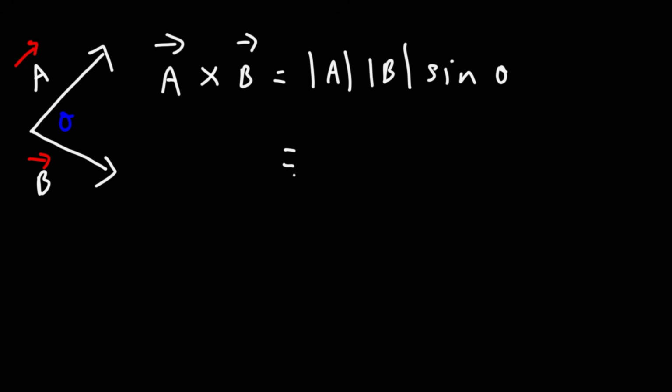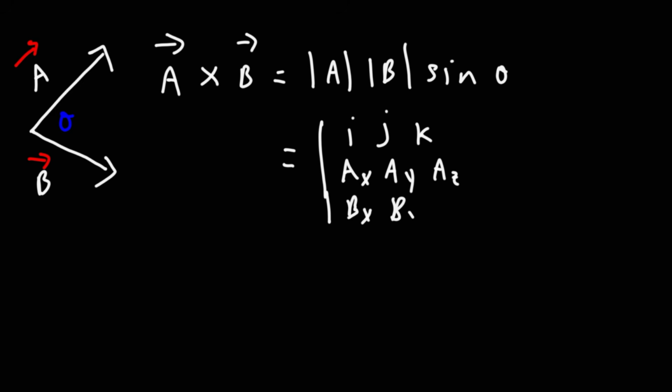This is equivalent to finding the determinant of a 3x3 matrix like this. Let's say that you have I, J, and K in the first row, and then AX, AY, AZ, and then BX, BY, BZ. So when you evaluate this 3x3 determinant, it will give you the value of the cross product.